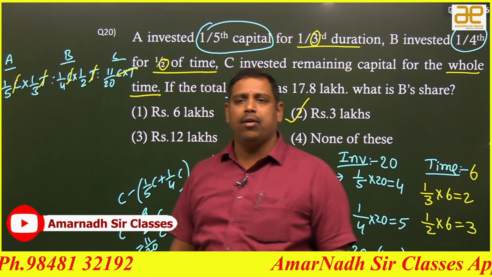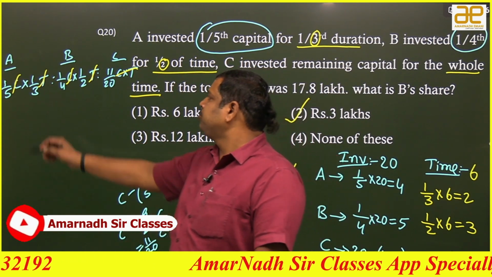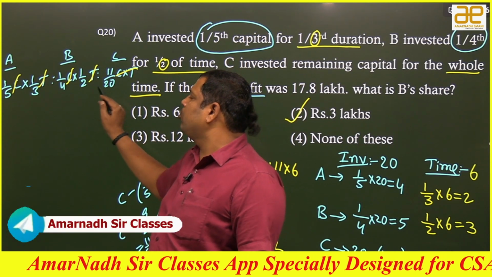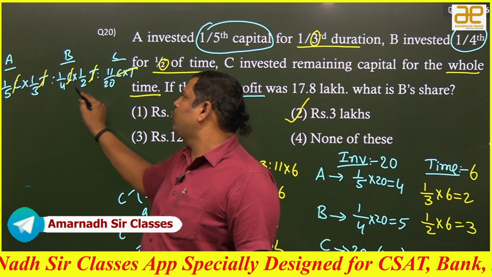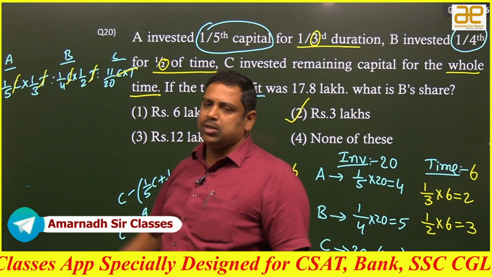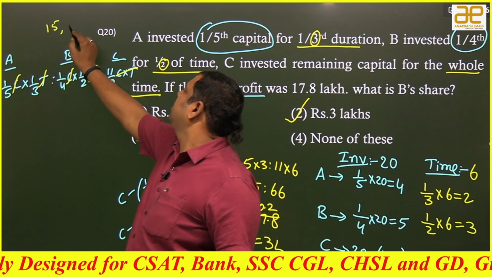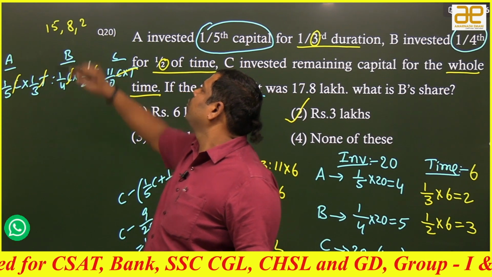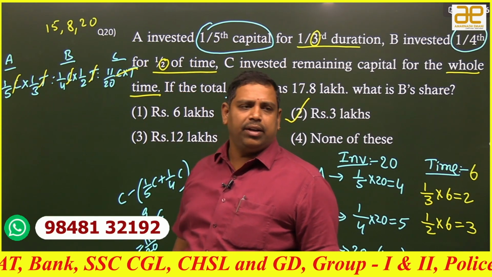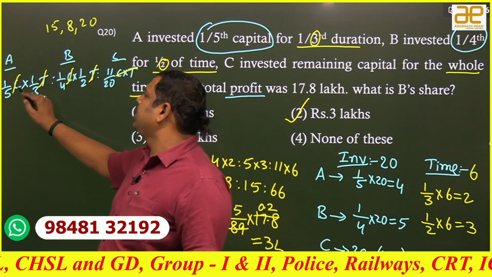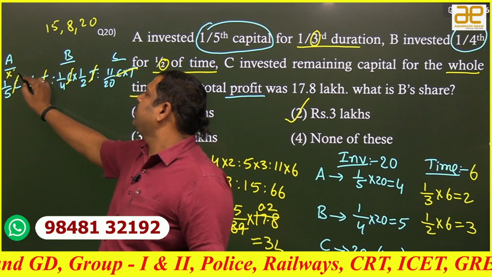Okay, cancel. Now first of all, I have to multiply: 5 3s are 15, 4 2s are 8, and 20. For these three numbers we have to take the LCM. For 15, 8 and 20, all are divisible by 120. So I will multiply each one with 120.